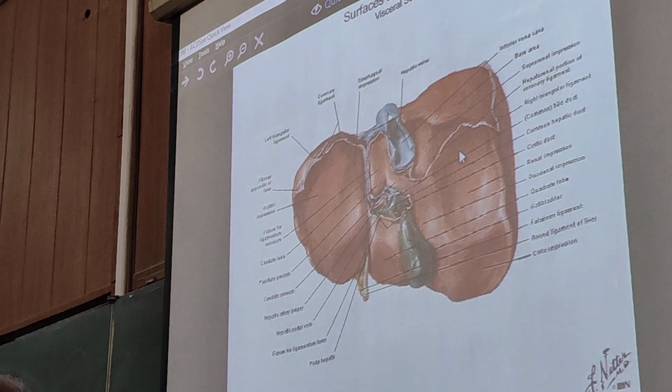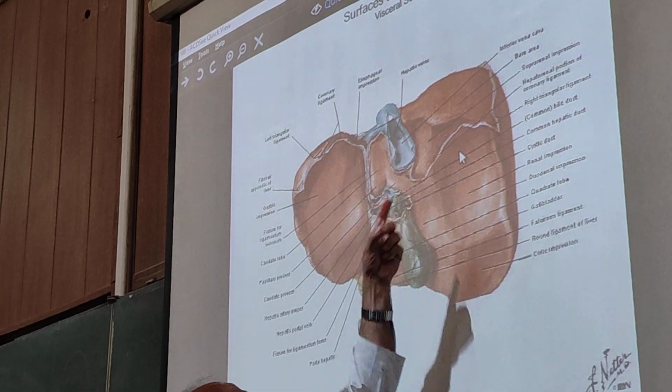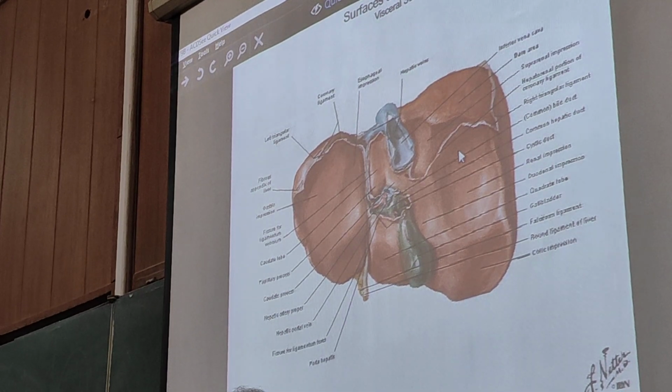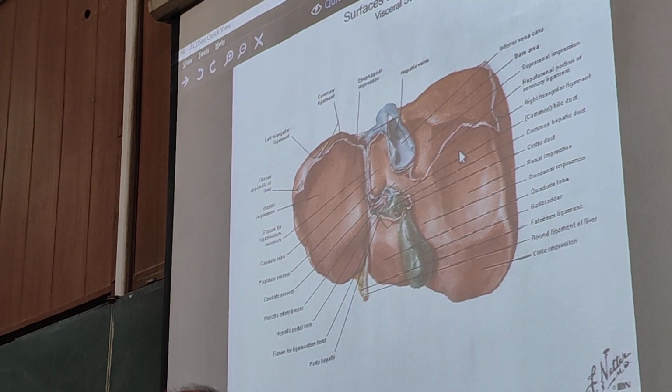Do you know the septum transversum? Yes. It's the diaphragm. It makes the diaphragm. So, because of the firm attachment of the liver to the diaphragm, the peritoneum cannot cover that part. So at this line, it is reflected on the diaphragm.